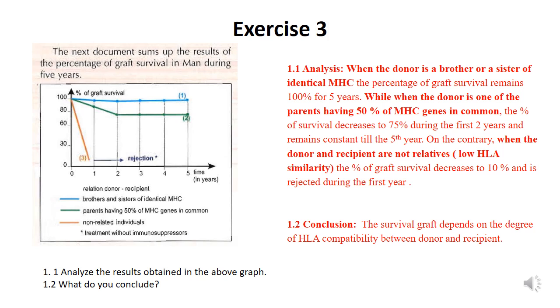So, this is the analysis of the graph. You see, always the variable is indicated when the donor is a brother or a sister of identical MHC, or when the donor is having 50% of MHC in common, etc. Okay, what is the conclusion?